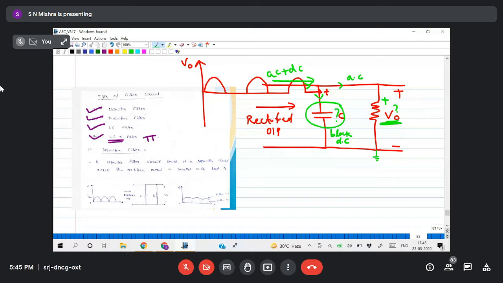The other way is, what is the property of the capacitor? Capacitor will charge and discharge, yes or no? Capacitor will charge fully, then discharge. So whenever I am giving the signal here, I am giving this to this circuit.